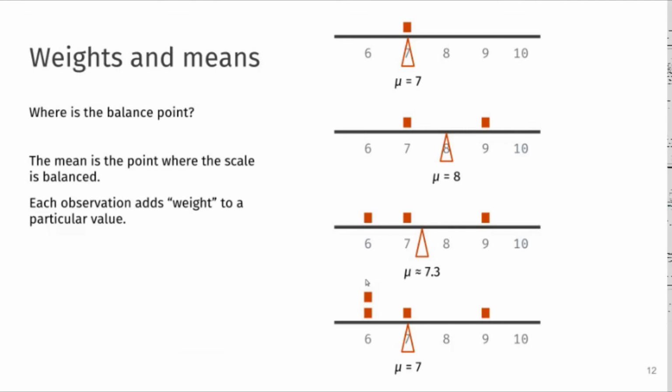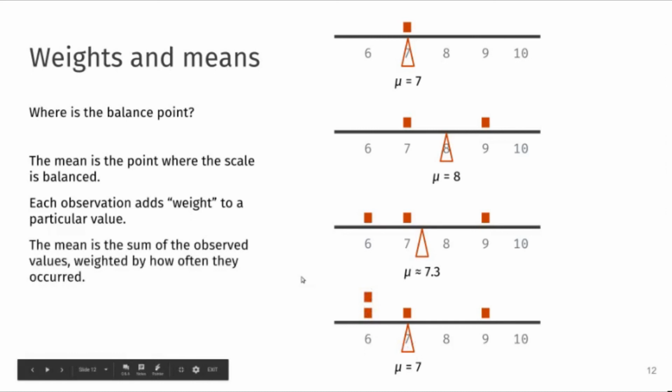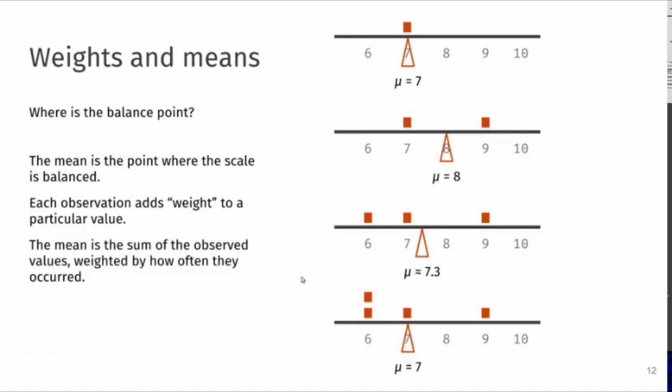So we saw 2 6s, and that puts extra weight on this point of the scale. And so we need to move the balance point in order to accommodate that extra weight. So just to reiterate, we can think of the mean as being the sum of the observed values weighted by how often they occurred.